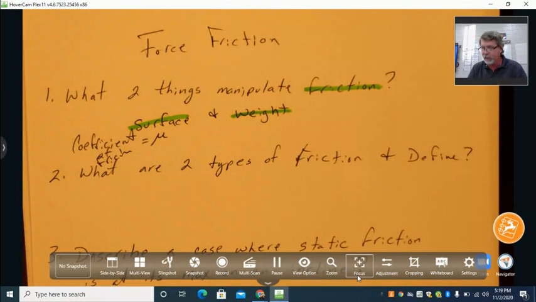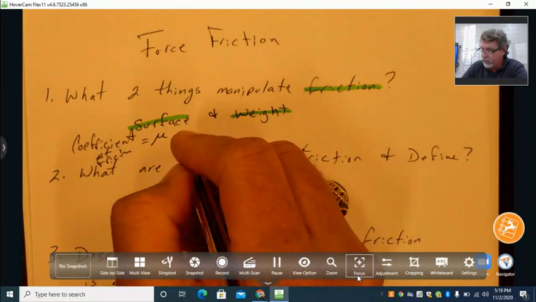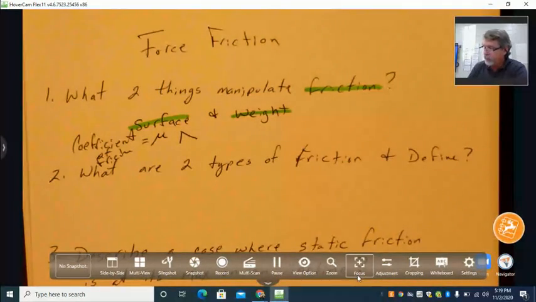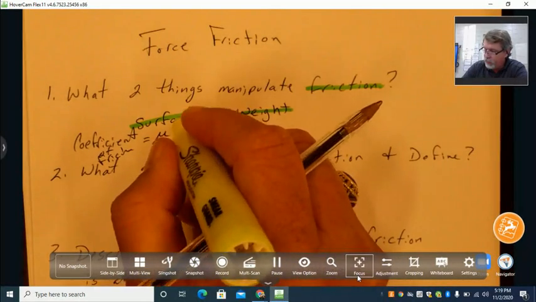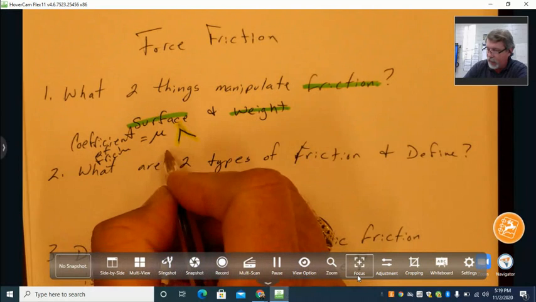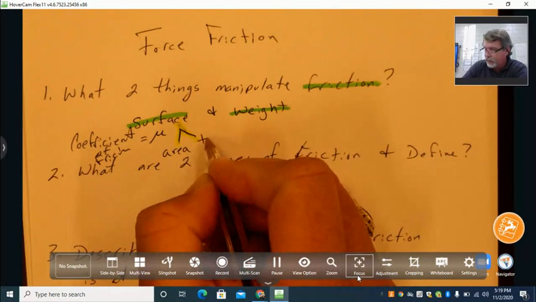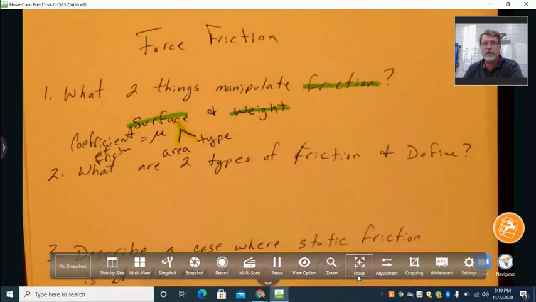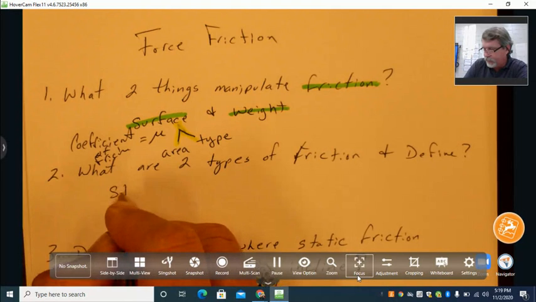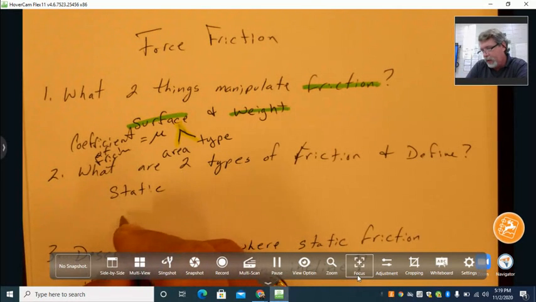Now, when we talk about surface, there's 2 things that control that. The 2 things that control mu are surface area and surface type. Okay? What are 2 types of friction and define them? Our 2 types of friction are static and kinetic.